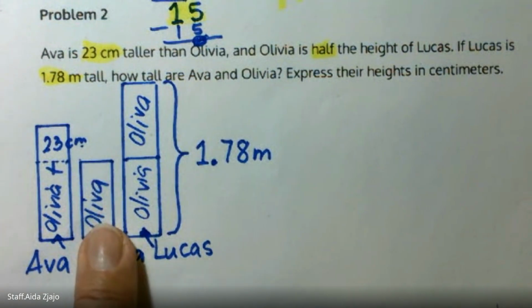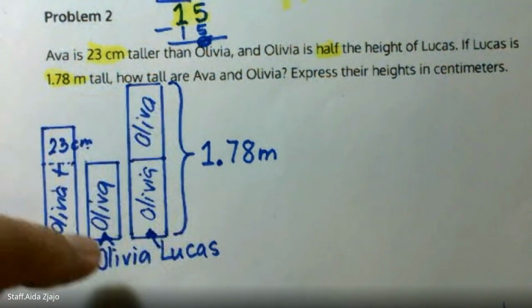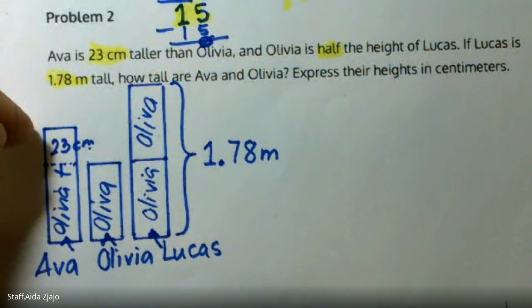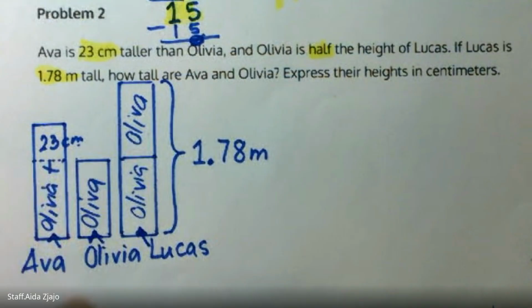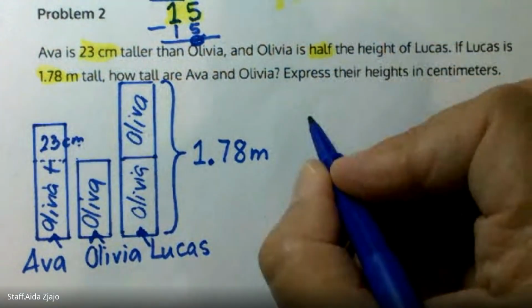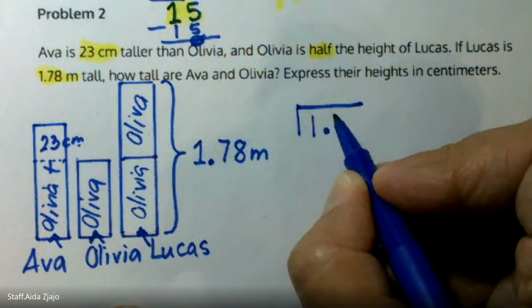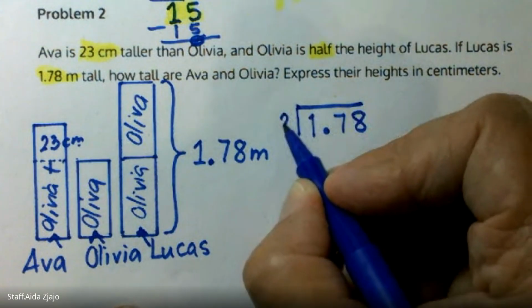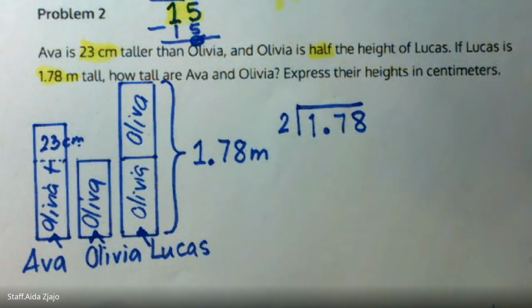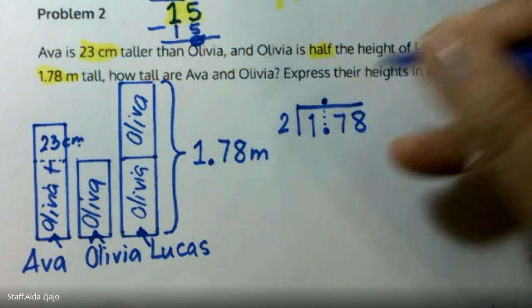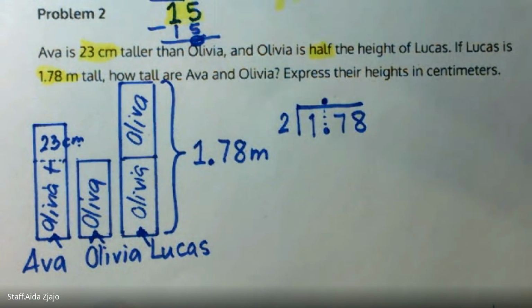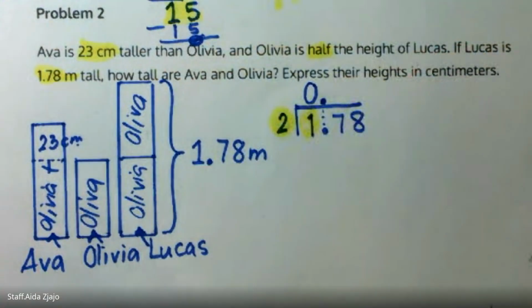Lucas is twice Olivia, and Ava is Olivia plus 23 centimeters. Since they didn't give us Olivia's value, they gave us Lucas's value, we need to divide 1.78 meters into 2 parts. So we're going to make the decimal point. Can we share 1 equally? We can make 0 groups of 2 if we have 1.